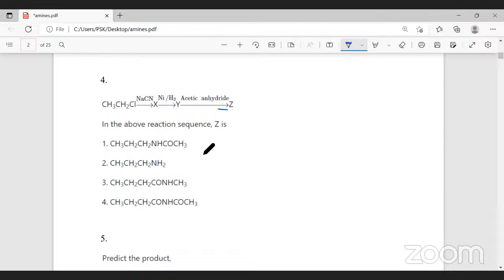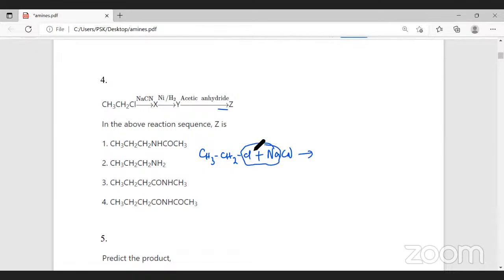They're asking what is Z? The first step of the reaction is this ethyl chloride is allowed to react with sodium cyanide. When this ethyl chloride is allowed to react with sodium cyanide, a substitution reaction takes place, a nucleophilic substitution reaction. CN minus is a nucleophile, which will displace chlorine. So we get CH3CH2CN.